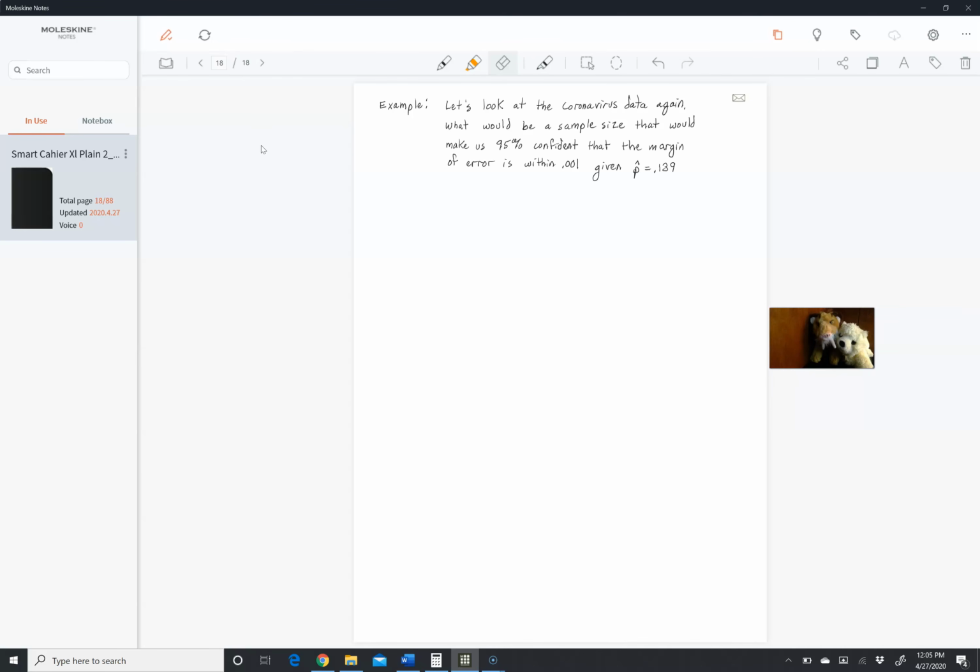So the point estimate is the same. Here, we have to go through that same exact process. So p hat is equal to 0.139, q hat is equal to 0.861.